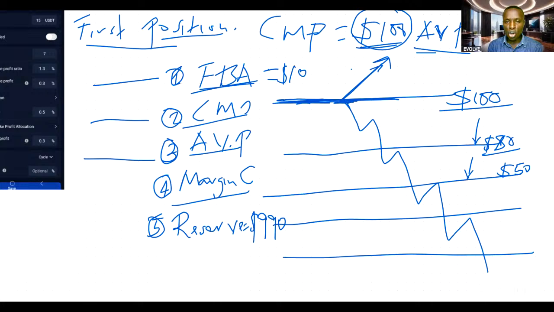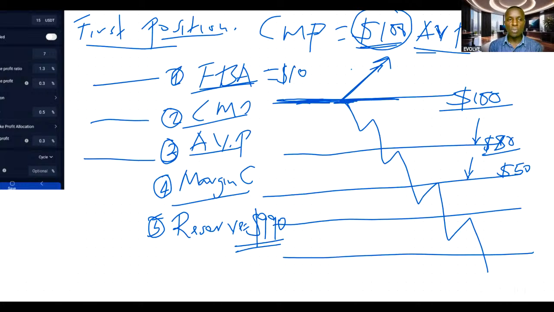To absorb that shock, to deal with that shock, the market has gone against the person, but they have $990 on reserve. It means this person can still buy some more coins cheaper.